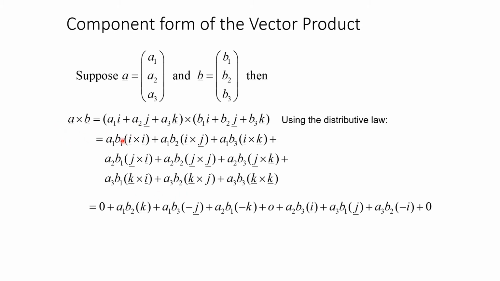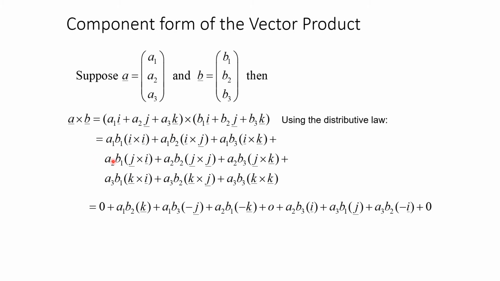Basically you will have 9 components, like A1i multiplied by B1i, B2j, and B3k, which is only 3 different values, and then A2j multiplied by everything on the right, B1i, B2j, and B3k, followed by A3k multiplied by B1, B2, and B3 ijk respectively.